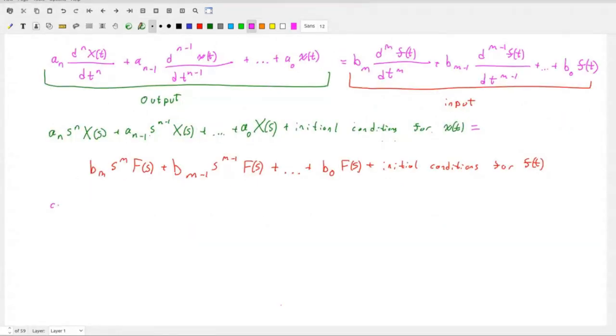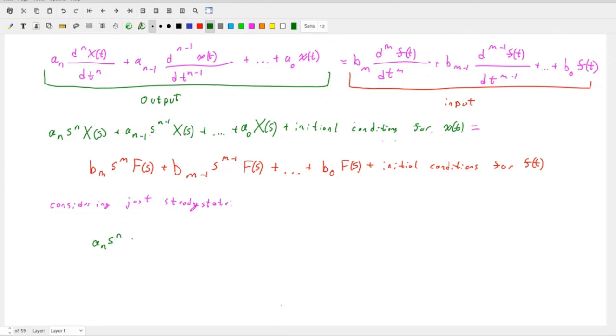So considering just steady state, what we get now is a to the n, s to the n.